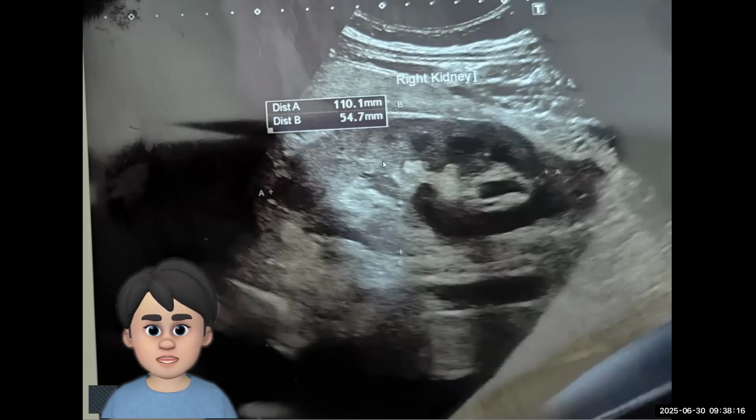When these are dilated, we call it hydronephrosis.